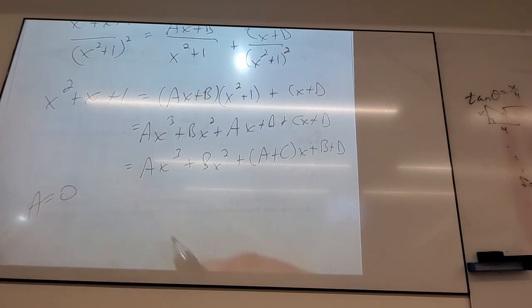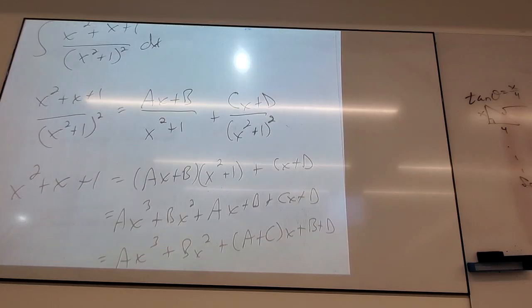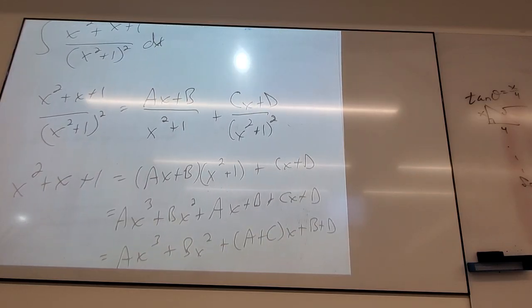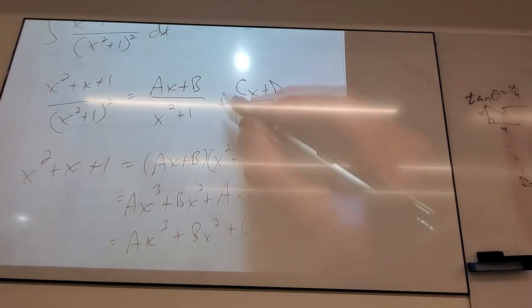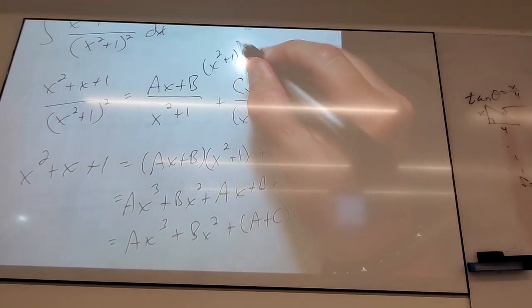A is 0. He's the real hero. Yes? So when you have ax plus b and you multiply by the denominators, the exponent drops. If I multiply everything by x squared plus 1 squared, yes?